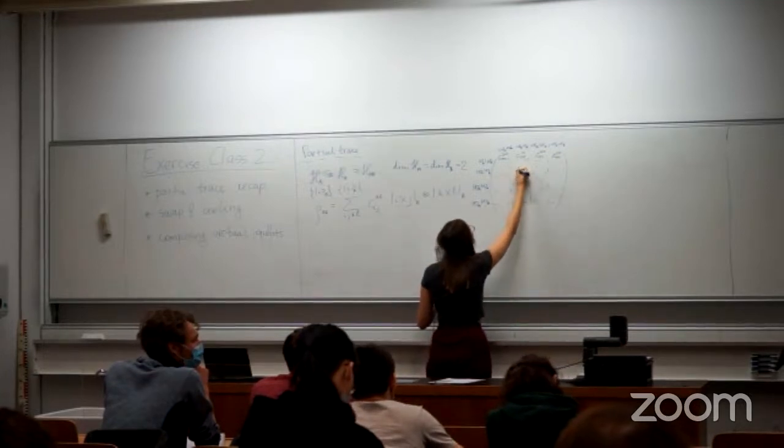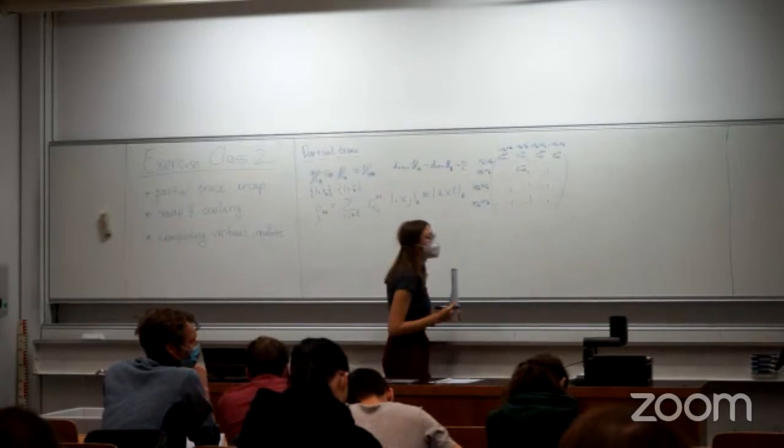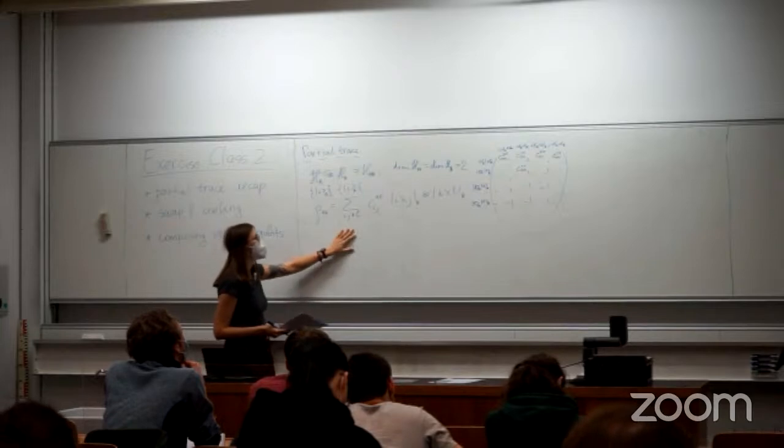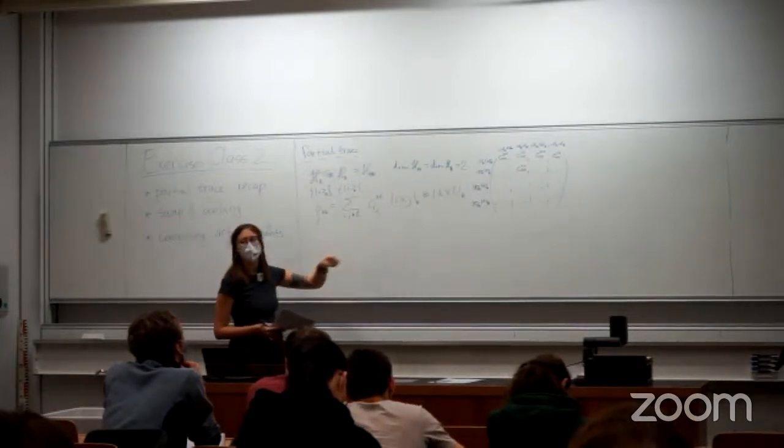For example, in this slot we'll have 0, 0 on A, 1, 1 on B, and so on. Is it in general clear how we go from this bracket notation to the matrix, to how we fill out the matrix?